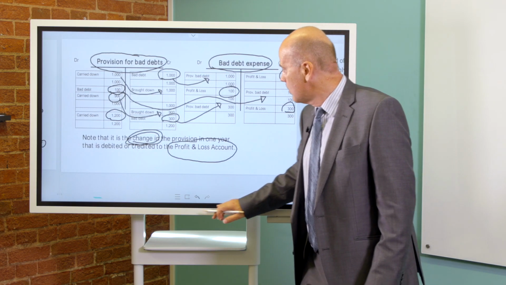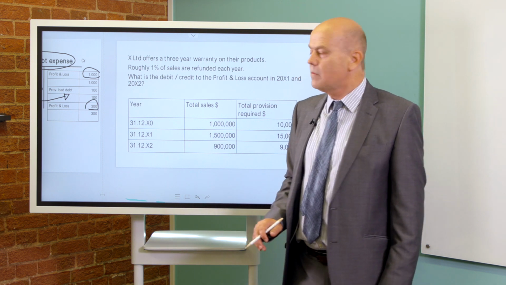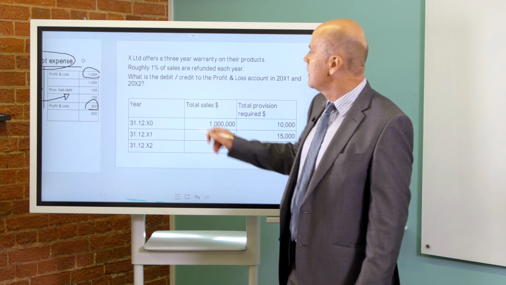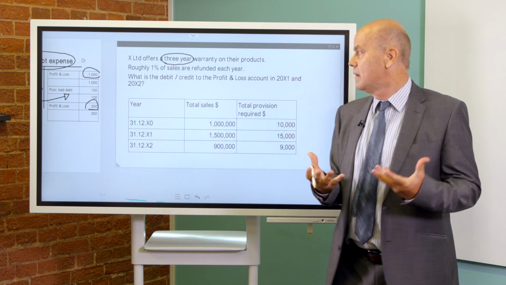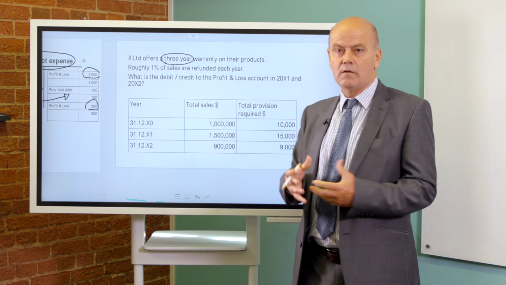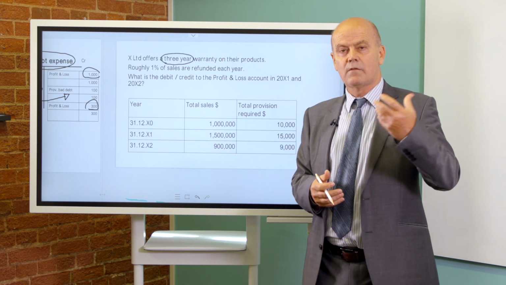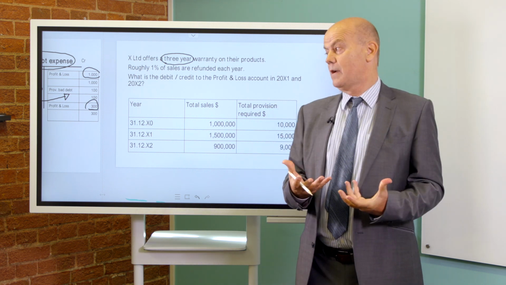Good, okay, what we'll do is we'll do a small example here, something similar. What we have here, we have a company and they have a warranty for their product. So maybe you're buying an electric kettle or something from this company and they say, okay, if you bring it back in 3 years, if it doesn't work, we will give you your money back.